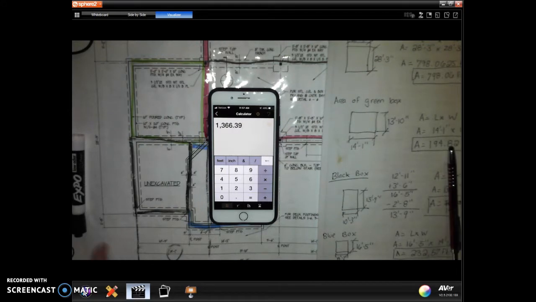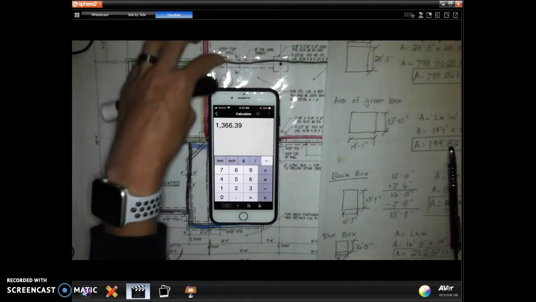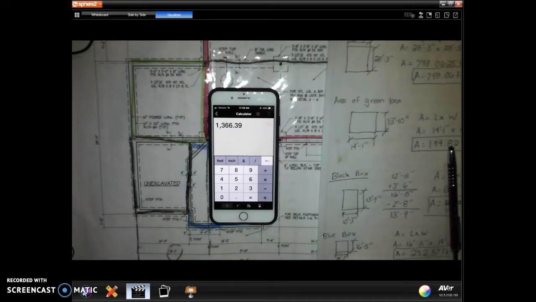And you might be a little bit plus or minus that depending upon how you divided the spaces up or some of the dimensions that you took.